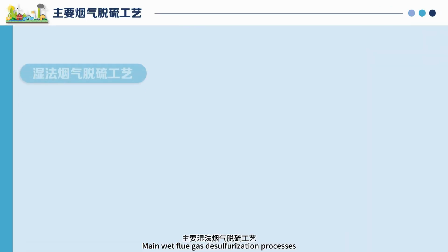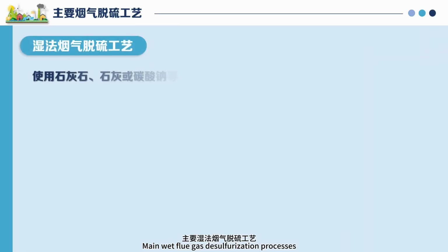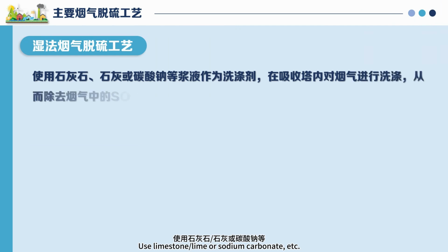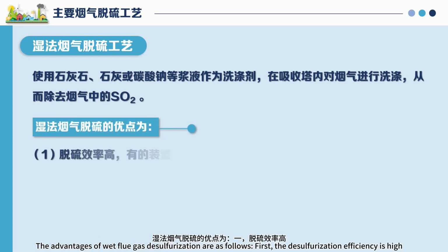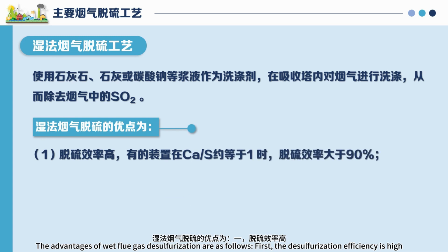The main wet flue gas desulfurization processes use limestone/lime or sodium carbonate slurry as detergent. The flue gas is washed in the absorption tower, thereby removing sulfur dioxide. The advantages of wet flue gas desulfurization are as follows. First, the desulfurization efficiency is high.